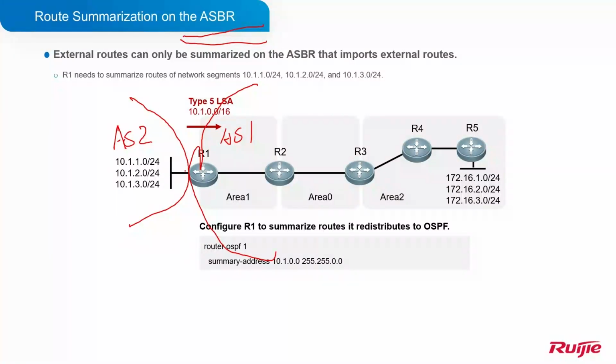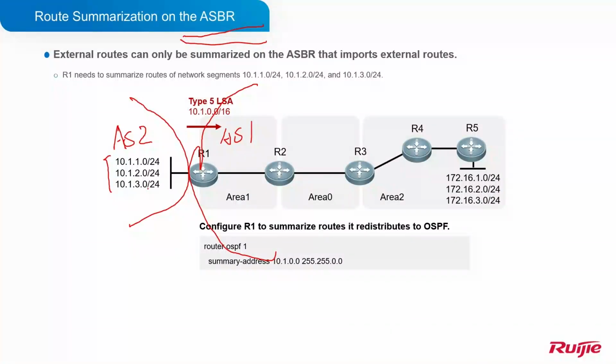Maybe we can enable another OSPF process on R1, maybe we just configure static or another protocol. Okay, and so R1 can learn these three detailed routes: 10.1.1.0 and 10.1.2.0 and 10.1.3.0.